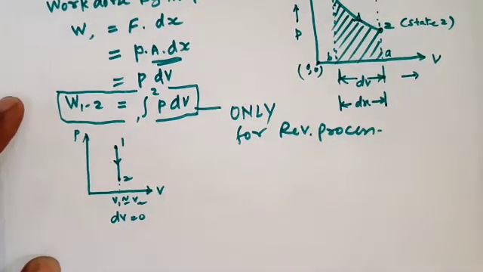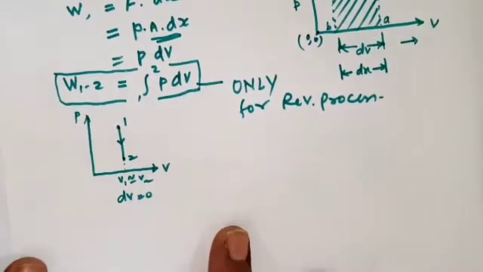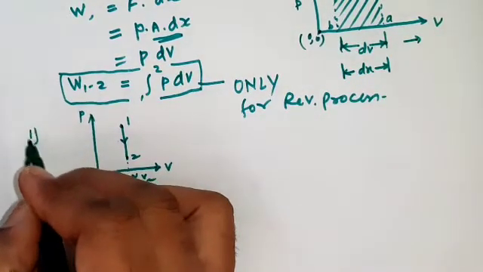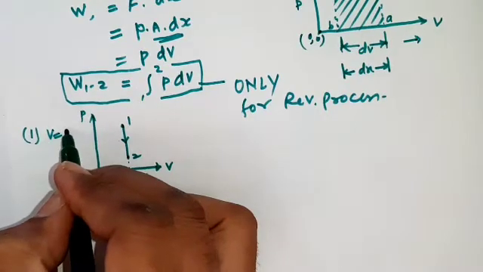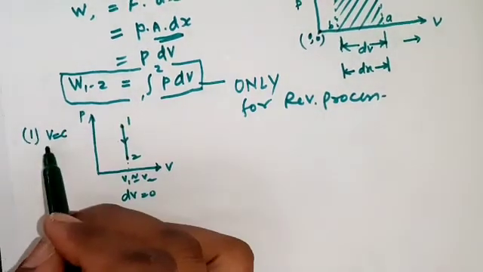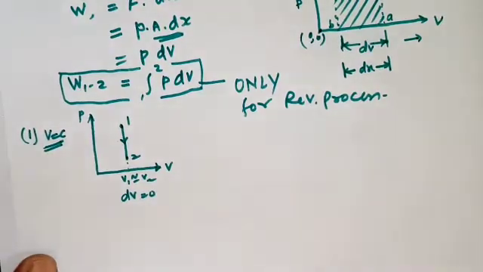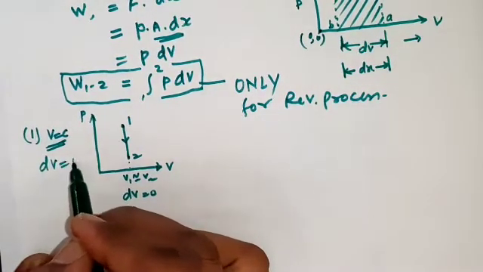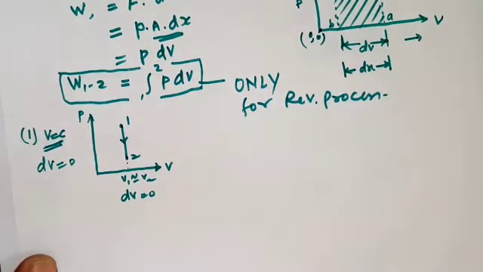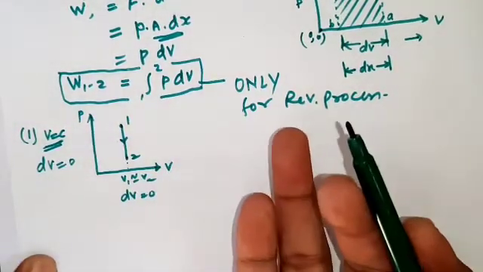So first case, if volume is constant, then dV is equal to 0, because V1 is equal to V2 is equal to V3.